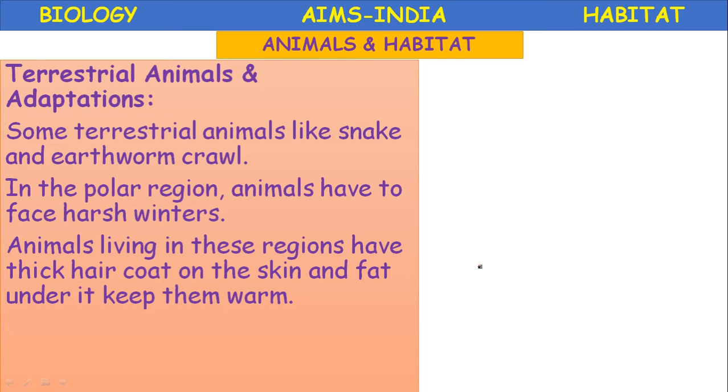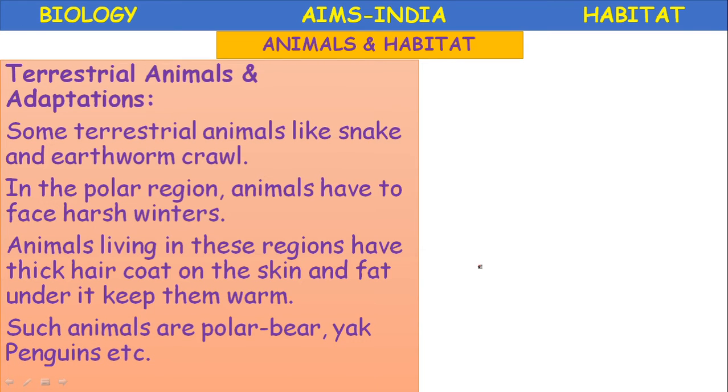The animals living in the polar regions have a thick hair coat on the skin and fat under it keeps them warm. The fat under the skin is called the blubber, which acts like an insulator and prevents heat loss from the body. Some examples of animals in the polar region are polar bear, yak, and the penguins.